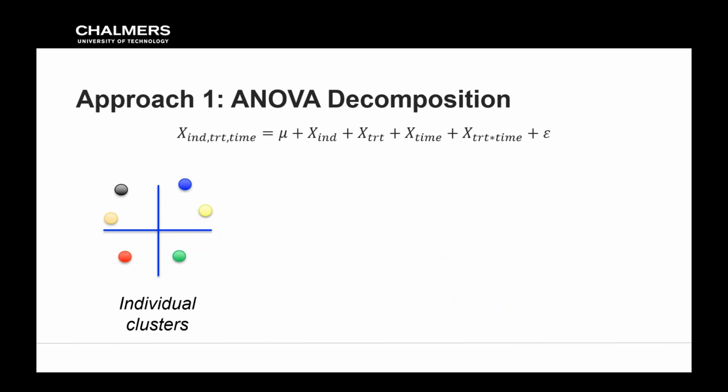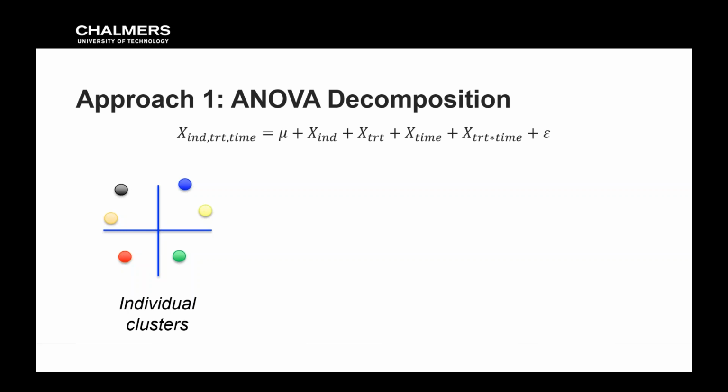So the first thing that we did with this data, where we have 11 individuals, 3 or 4 treatments depending on how you see it, and different time points, was to go to our friend ANOVA decomposition. It may seem daunting, but you borrow the general idea behind ANOVA analysis to decompose the data into partitions.